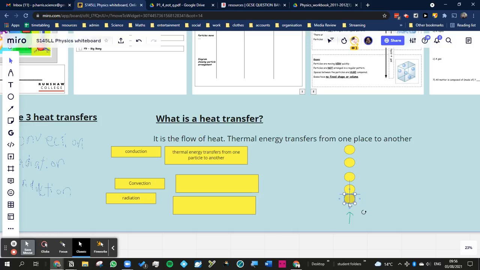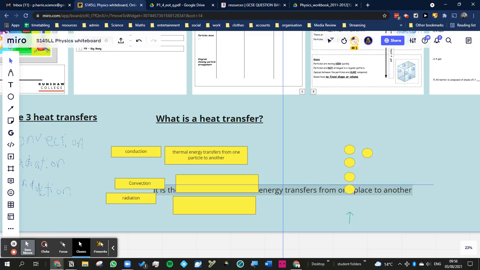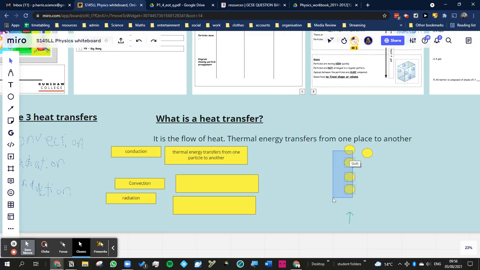And because it has more energy, it needs more space, so it moves towards the top. And when it moves towards the top, the other ones fall down, and this one goes in the space at the top.